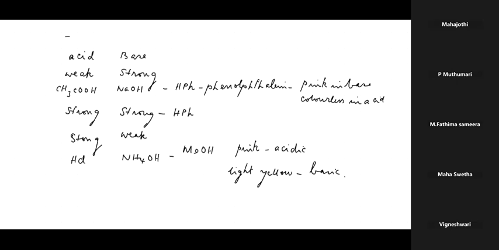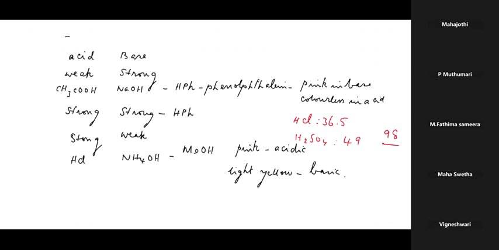But you should remember a few equivalent weights. For HCl, the equivalent weight is 36.5. For sulfuric acid, equivalent weight is 49. Actually, its molecular weight is 98. There are two replaceable hydrogen atoms.